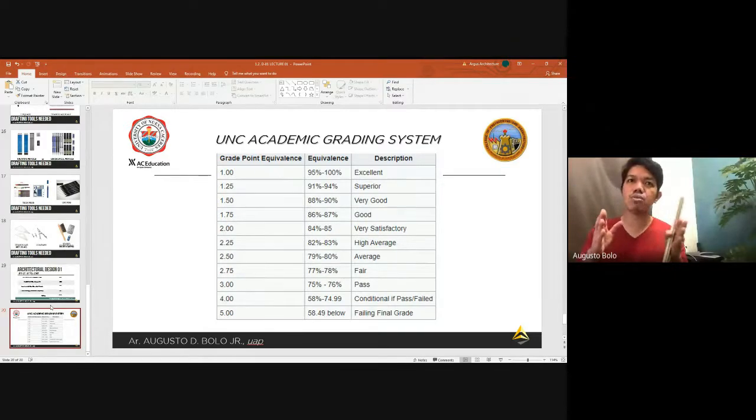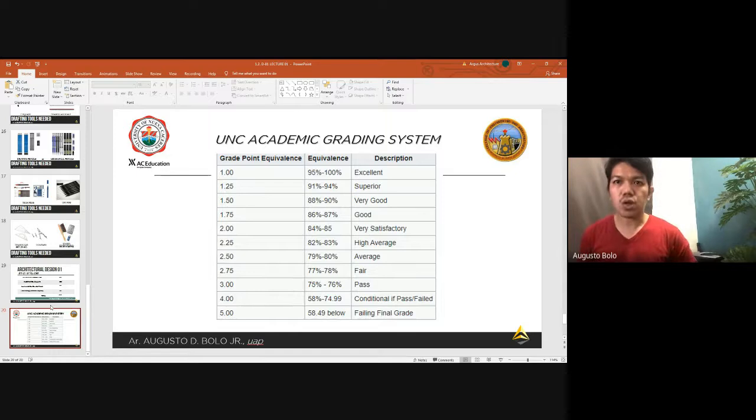Kailangan mong i-comply siya within the next semester para masettle yung IP, para mabigyan ka ng passing grade. Otherwise, kung hindi mo siya makukomply, after a semester, bibigyan ka ng 5. Okay? But since virtual pa, online classes, as much as possible, UNC is not giving 5.